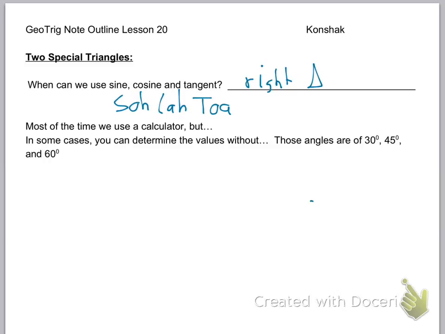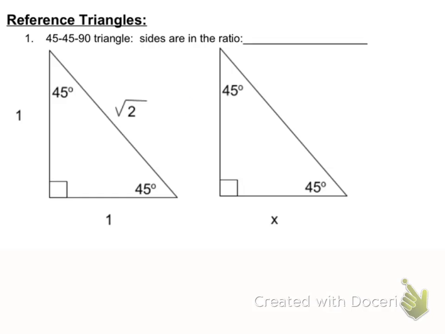So what are those two special cases? They're made up of two triangles. One of the triangles is this one, and these triangles are called reference triangles. The first one is called a 45, 45, 90 triangle. And 95% of the time, I will create my reference triangles the exact same way.